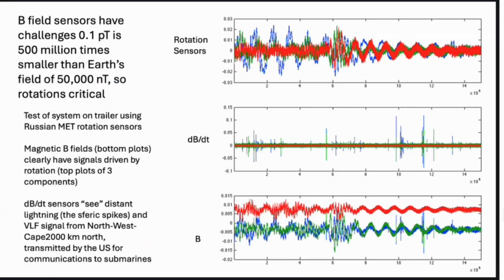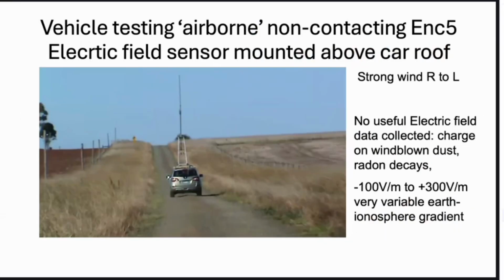VLF was from a Navy communication station about 2,000 kilometers away, from Northwest Cape. VLF was the main source of signal. So we knew that rotation was going to be an issue with B field.